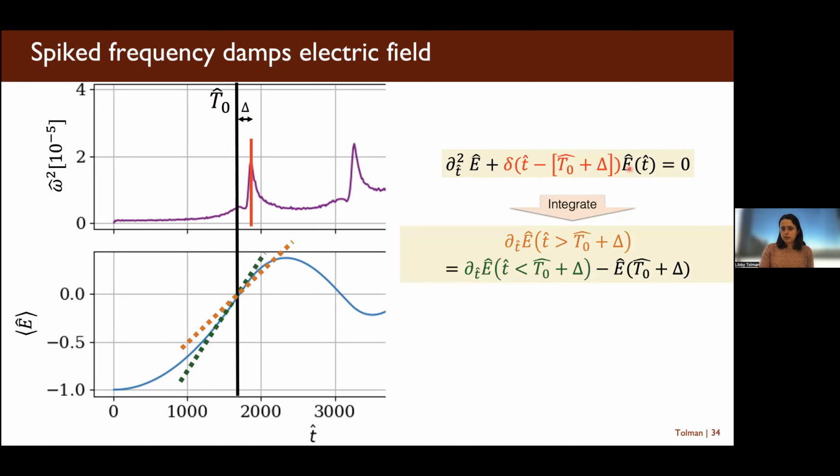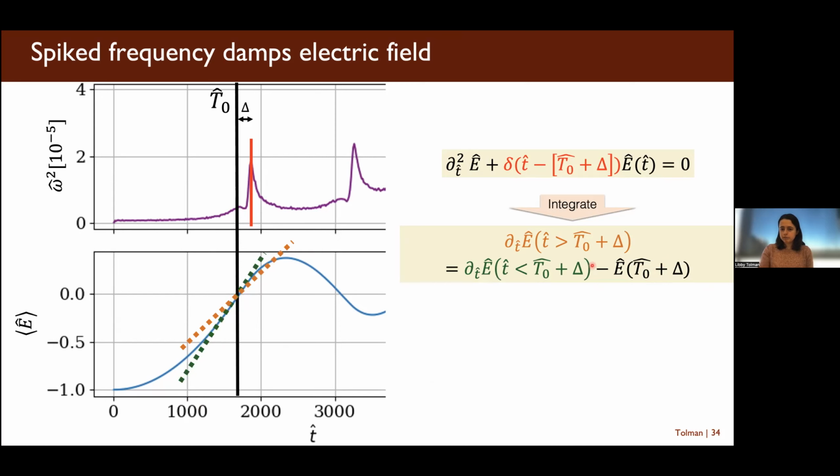If you take this equation, you can integrate it and get an equation which relates the derivative of the electric field at a time after the spike to the derivative at the time before the spike, minus the value of the electric field at the time of the spike.